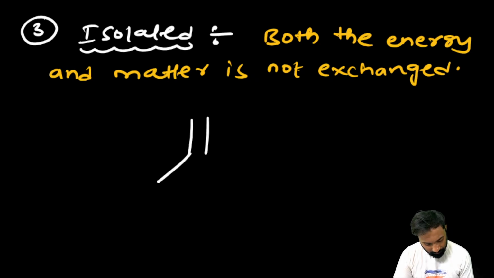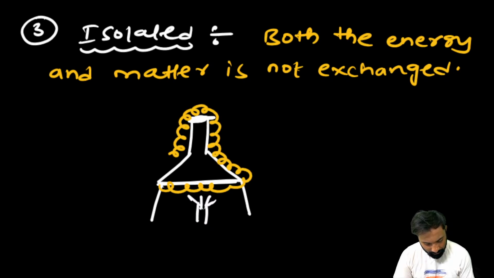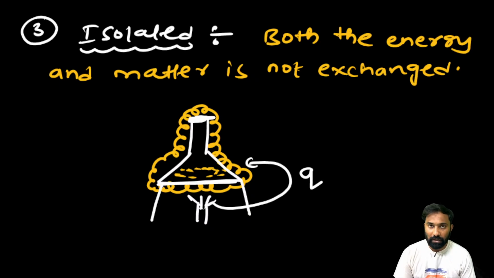Now same thing. This is one vessel, and now it has been closed. Now I will make it thermally insulated, which does not allow the heat into the system. From here to here, it will not allow the Q, the heat, to enter the system.